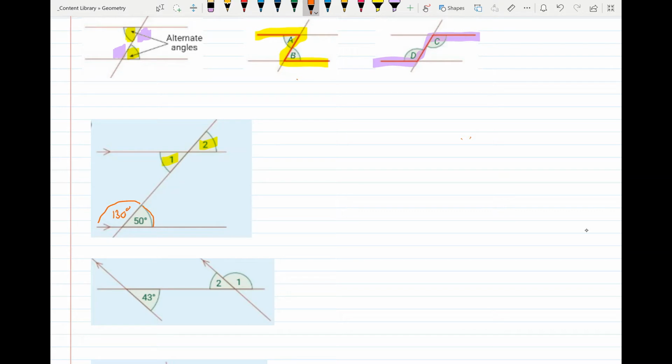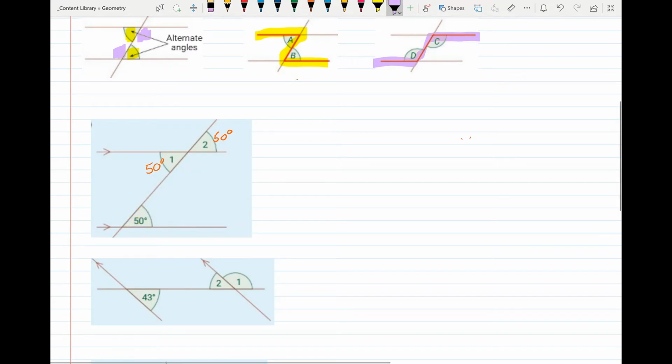If you can imagine taking this line and shoving it up there, where are the angles going to sit on top of each other? The 50-degree angle is going to slide up along the transversal until it sits on top of angle 2. So angle 2 is going to be 50 degrees also. And we know from vertically opposite angles that angle 1 is going to be 50 degrees as well.